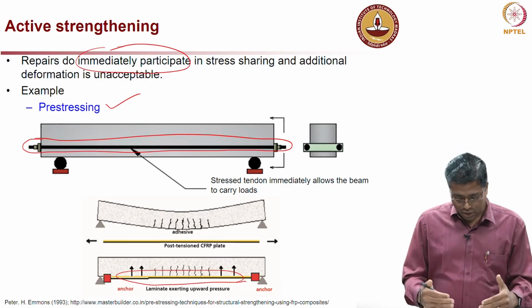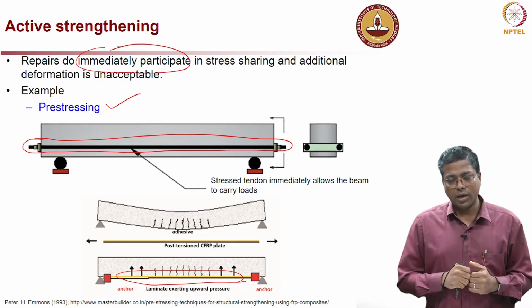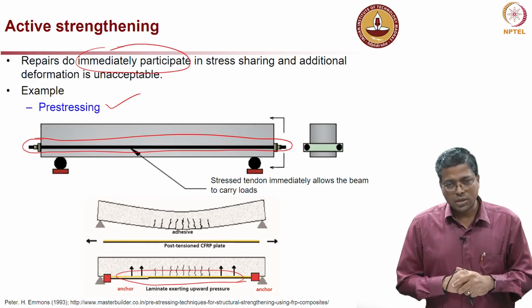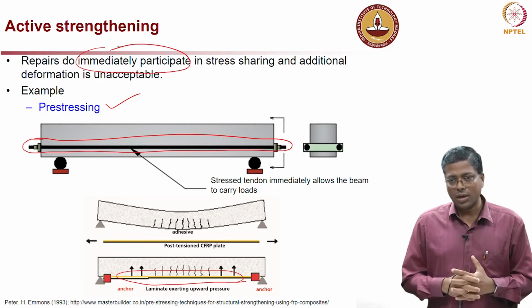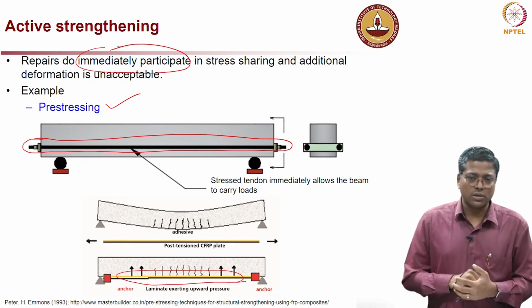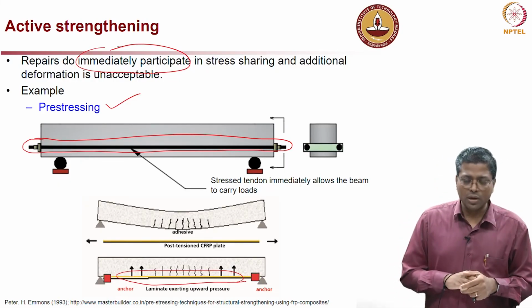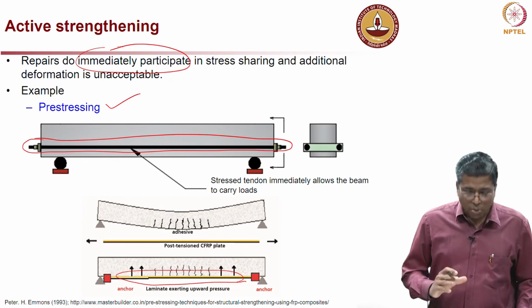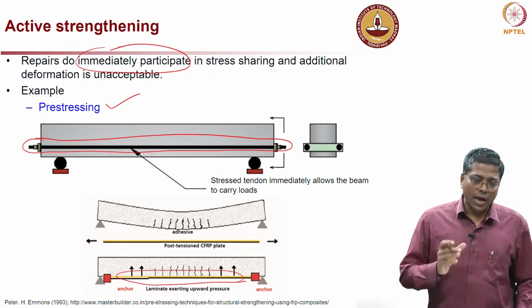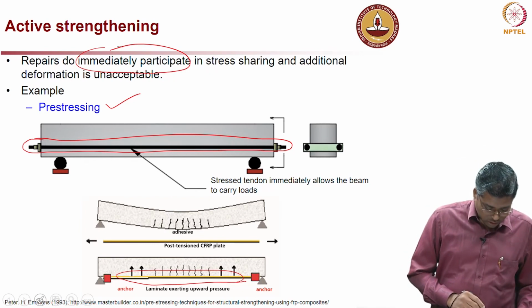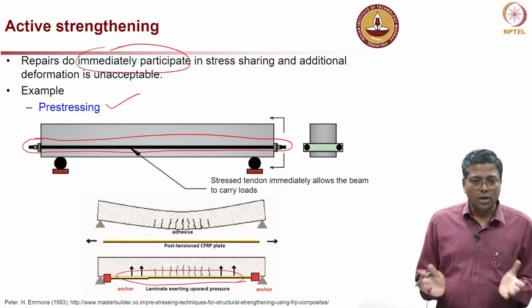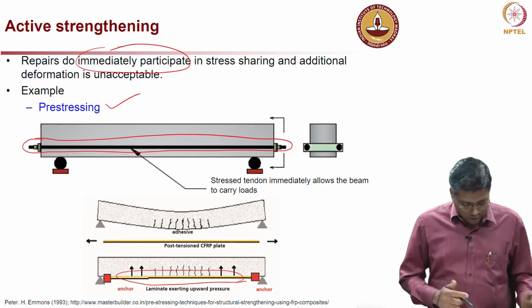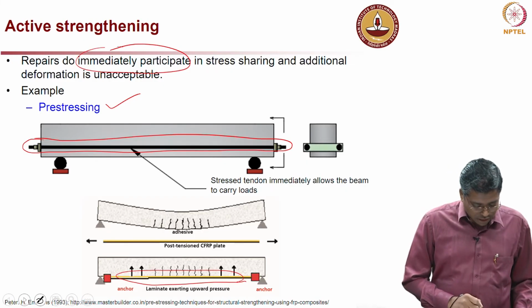So, one example on the top is the external post tensioning, and at the bottom is external post tensioning using a laminate. Both kinds of functionality are very similar. Both will take the load as soon as they are installed. They do not wait for excessive loading to come. In other words, they start taking the loads as soon as they are installed.